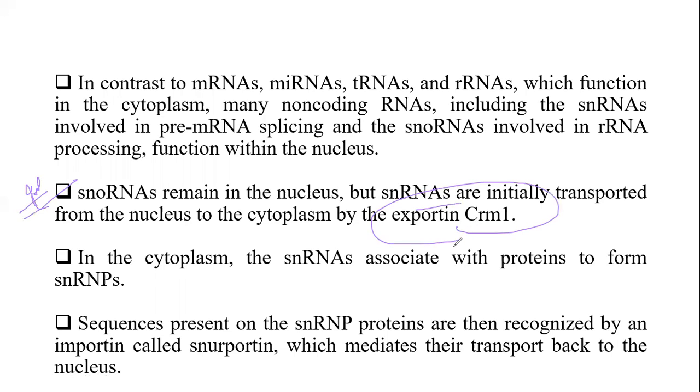Now in the cytoplasm, the snRNAs associate with proteins to form the snRNPs, small nuclear ribonucleoproteins. Sequences present on these proteins are then recognized by the importin called snurportin, which mediates their transport back to the nucleus. So once the work is done, it needs to come back.